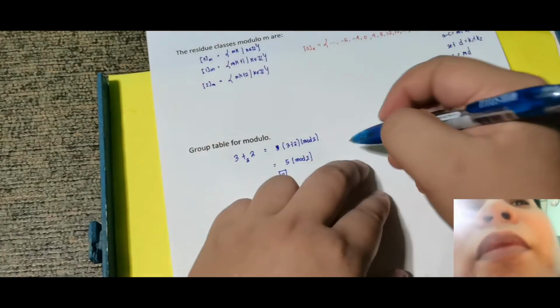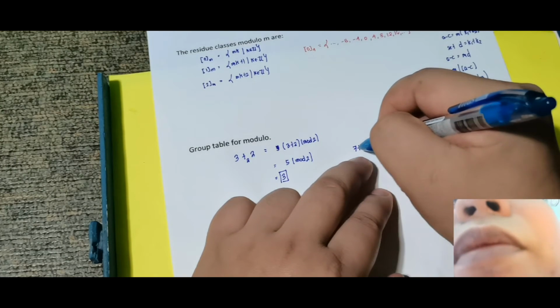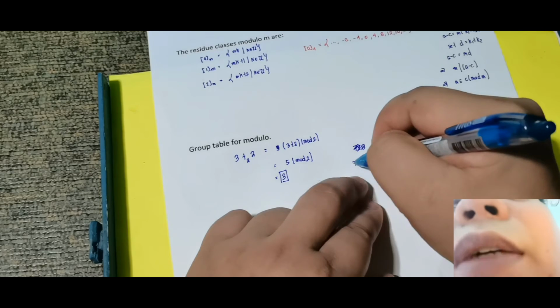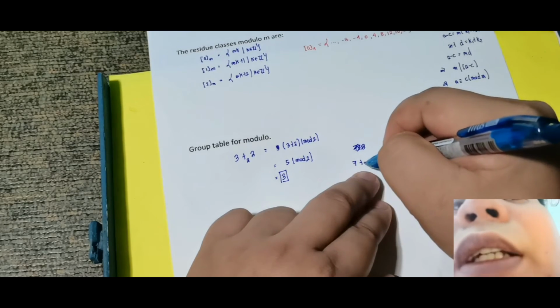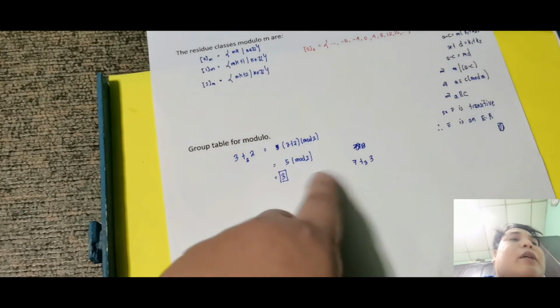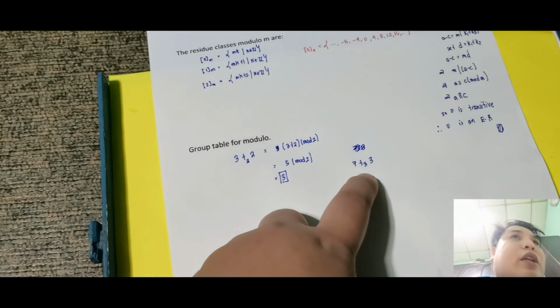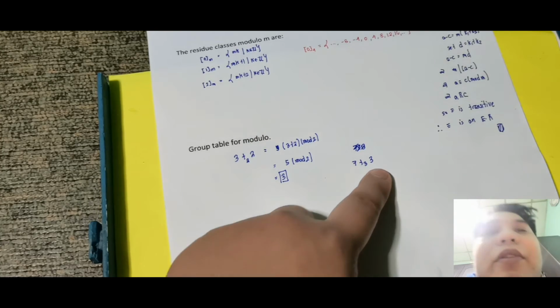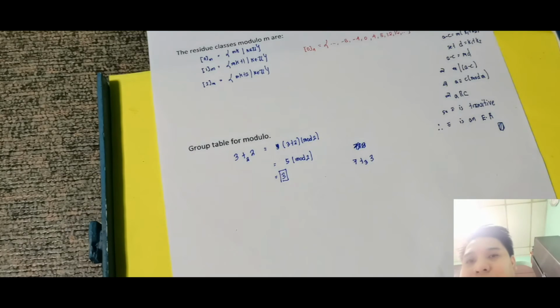Kaya sinabi ko 7 plus 3. Mali. Sinabi ko 7 plus 3 modulo 3. Ang sagot dyan, that is 1. Again, 7 plus 3, that is 10. Modulo 3, yung least remainder is 1. Kunin mo yung least remainder, by the way.